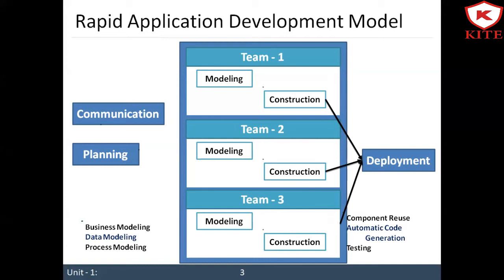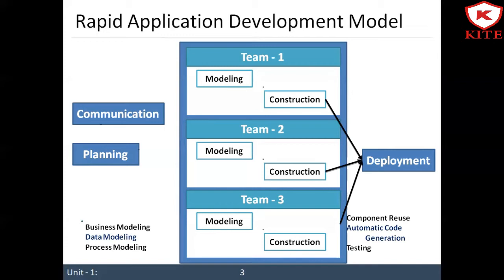Now, communication works to understand the business problem and information characteristics that the software must accommodate. What is done in the communication activity? It works to understand the business problem. What is the problem? What is the definition of the software?